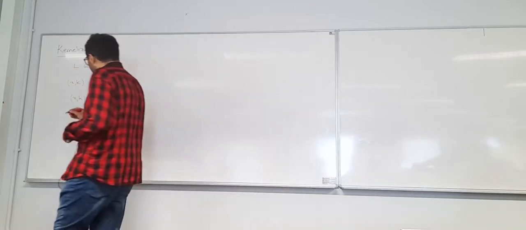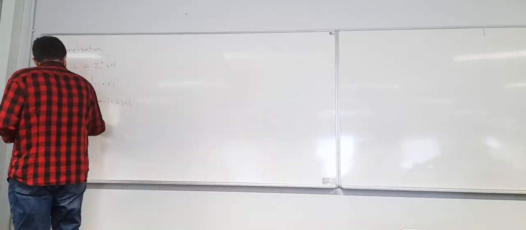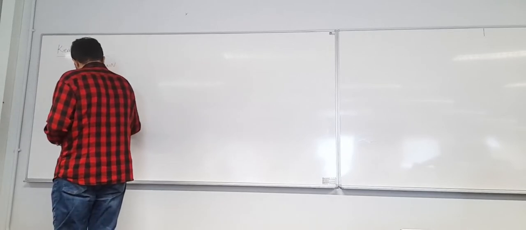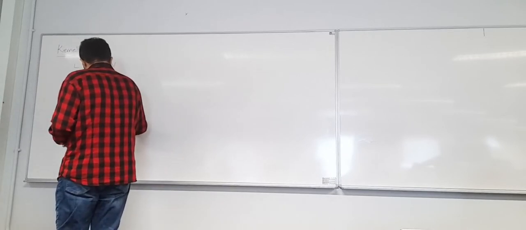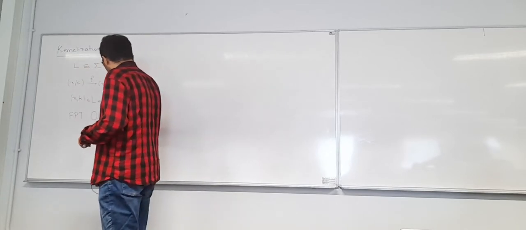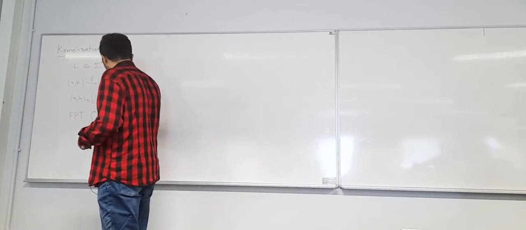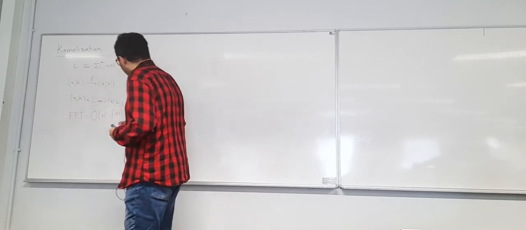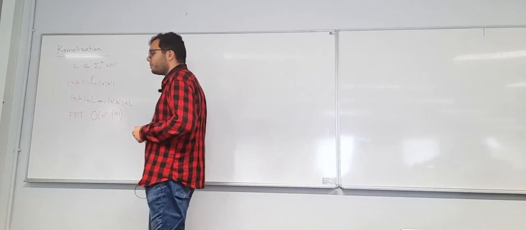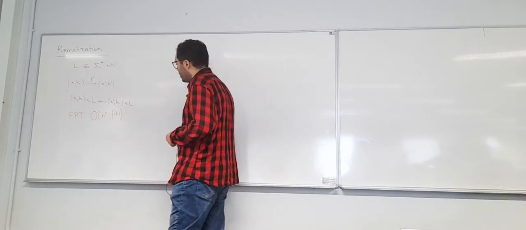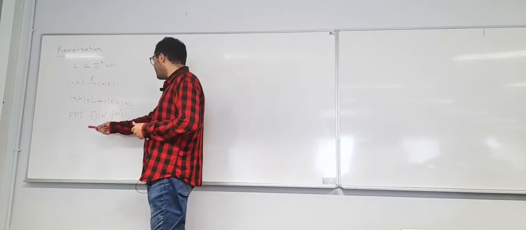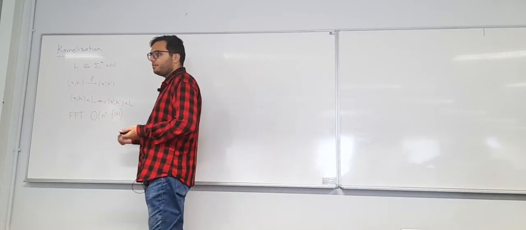So when I'm talking about an FPT algorithm, I basically mean an algorithm that has a runtime of n to some constant, where n is the length of x, times some function of k. This function has to be computable, but we don't need anything more than that. And then we said that a problem is FPT if it has an FPT algorithm.